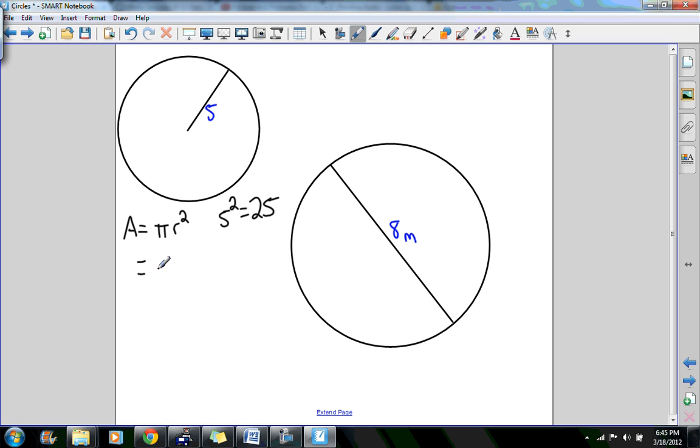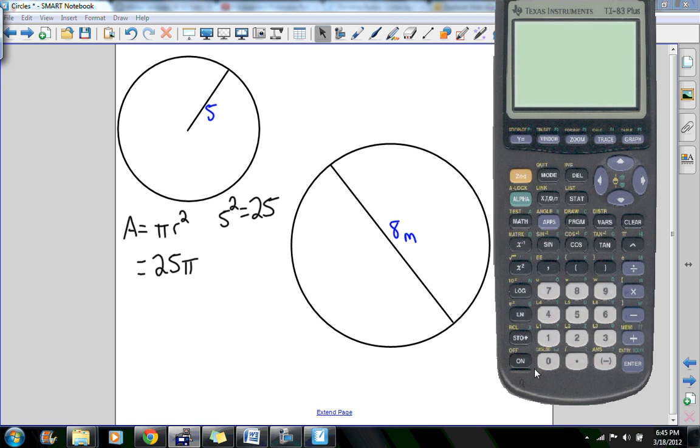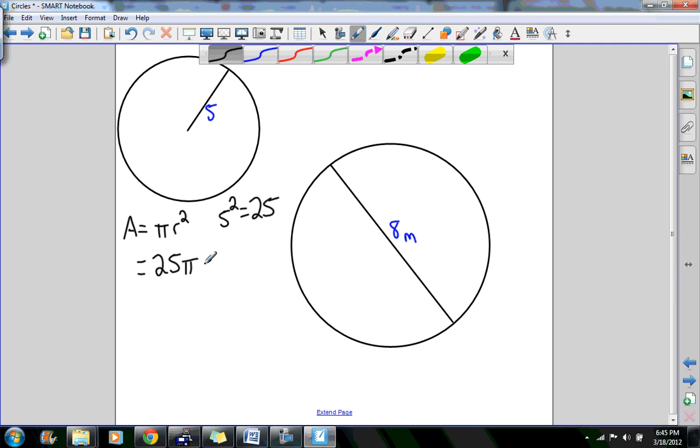So we're going to write this as 25, and now, without multiplying through, 25 pi. Now, if we have a calculator, on my calculators the pi button's hidden over here to the right. You would go 25 times pi. But because pi never stops, our answer is never going to stop. So it's like 78.5.